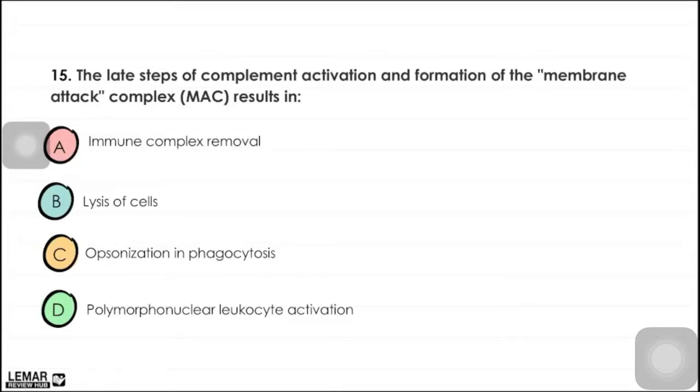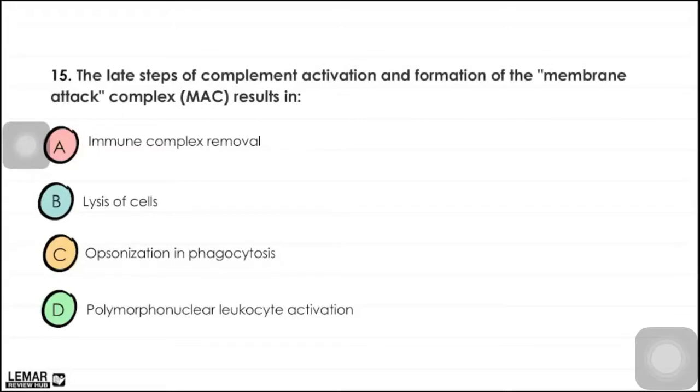Or letter D, polymorphonuclear leukocyte activation. So earlier we said that once the MAC is formed from the components C5 to C9, this will cause the formation of cell lesions.